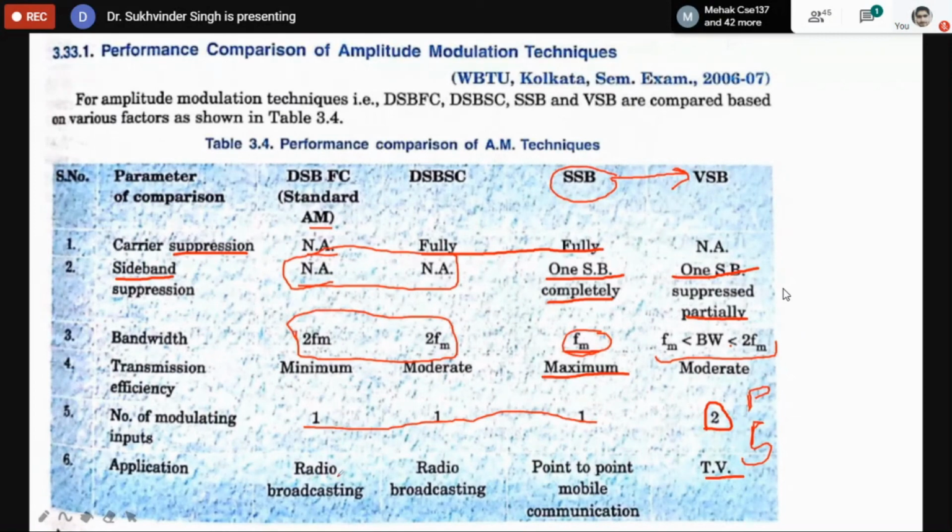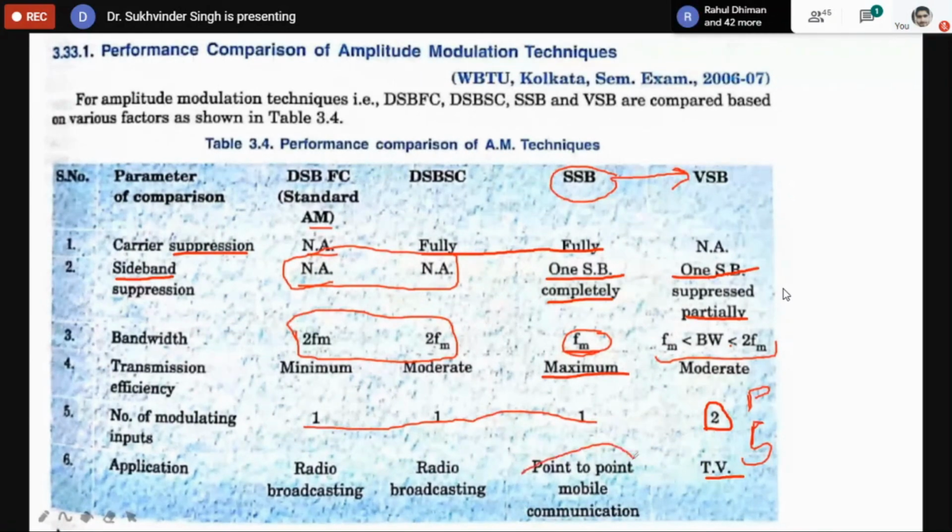Application: radio broadcasting uses DSB-FC, amplitude modulation. We already know about AM, FM, etc. These are the double sideband full carrier technique. DSB-SC is again radio broadcasting. Single sideband is used for point-to-point mobile communication. Vestigial sideband is used for TV transmission.